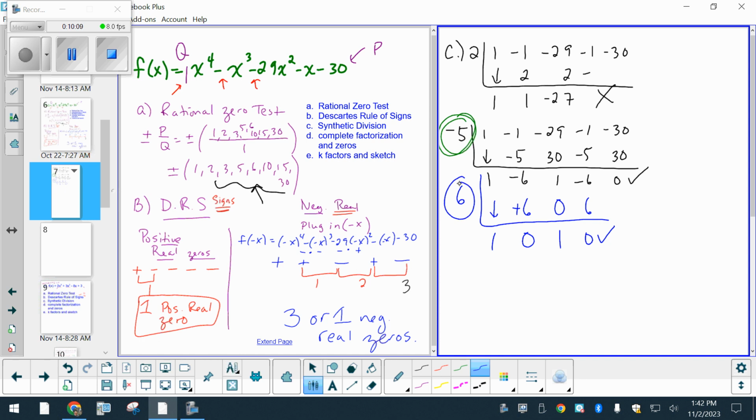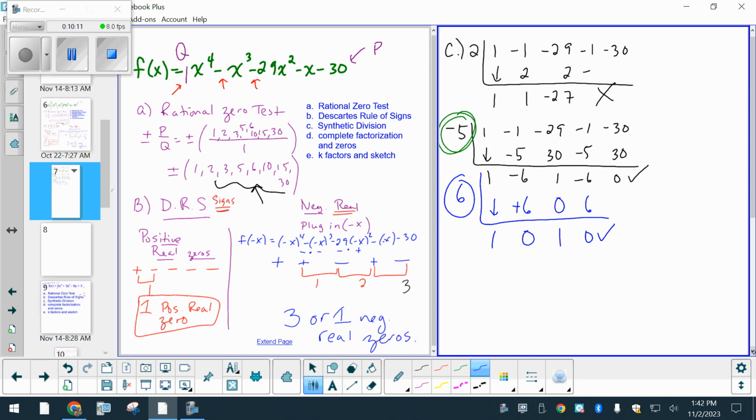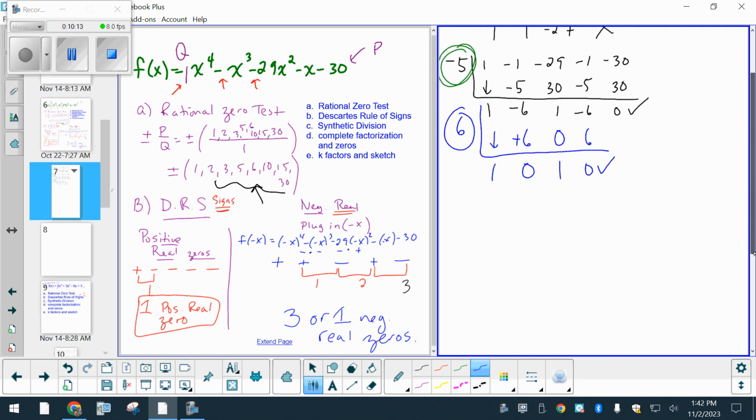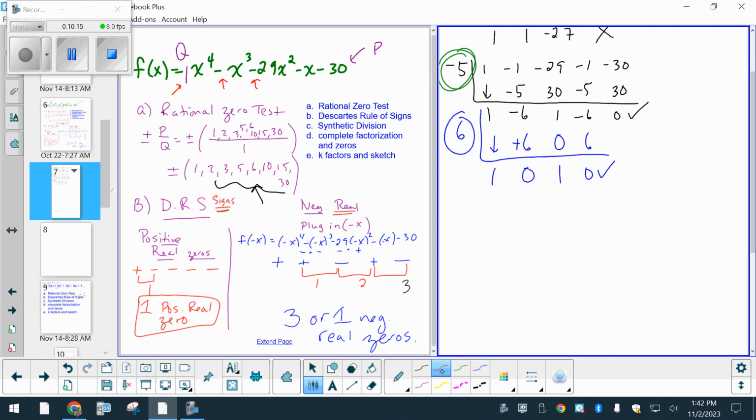That's our synthetic division. Now we want to write our factors. So we want to set this up. Remember this one started as an x to the fourth, x to the third, and that means that's x squared. And this should look familiar to you, right? It should look like dots, but on the imaginary end.